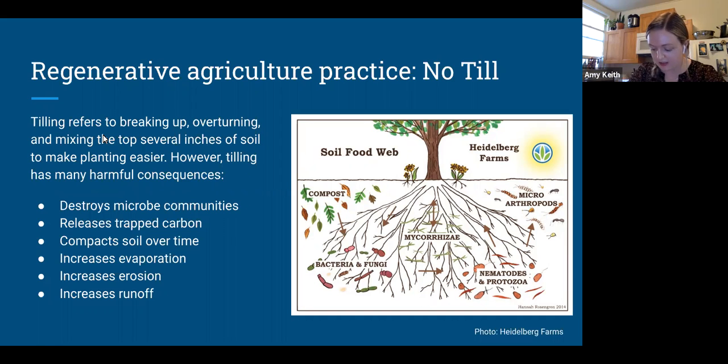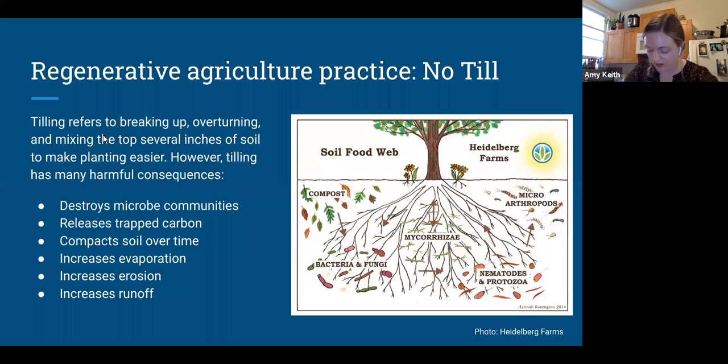Tilling also releases carbon trapped in the soil, causes soil to dry out faster, and causes significant erosion. This results in more water needed for irrigation, the use of chemical fertilizers to replace nutrients, and poor air quality from eroded particles that get blown up by the wind.